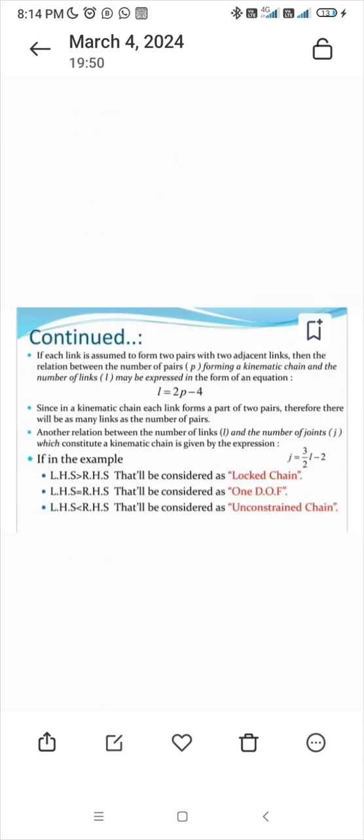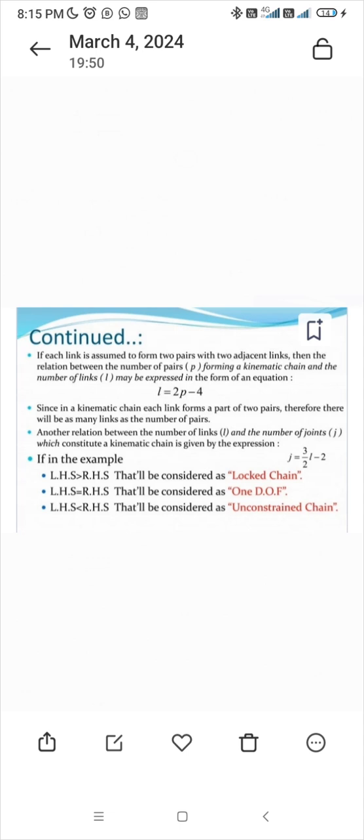We have some problems to identify different kinds of chains. Before that we have to know what is meant by kinematic chain. A kinematic chain is defined as a combination of kinematic pairs, joined in such a way that the relative motion between the links or elements is completely or successfully constrained. A chain may be locked, constrained or unconstrained.